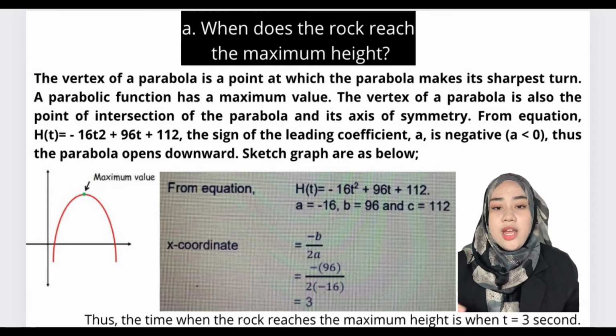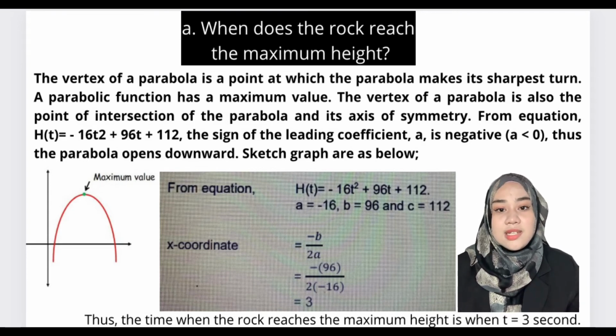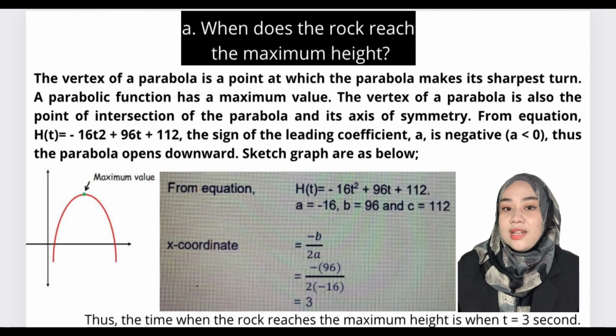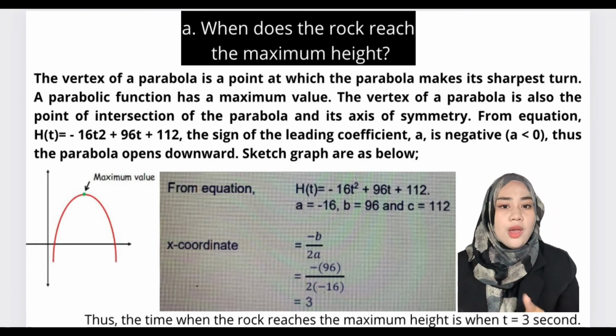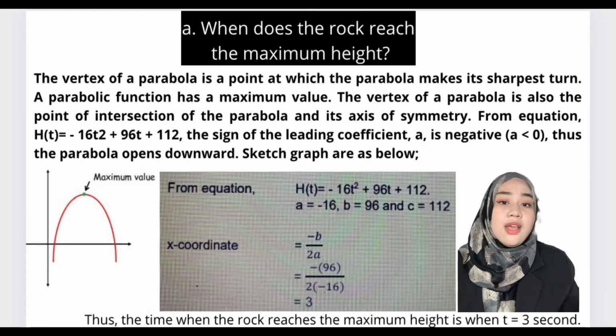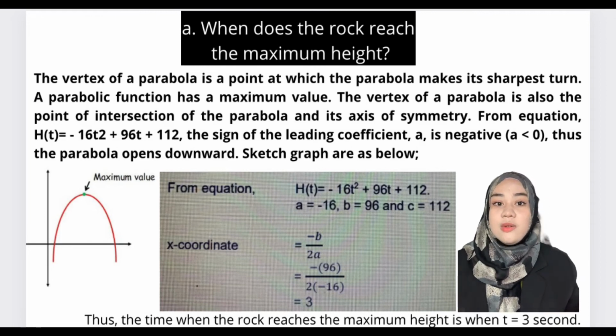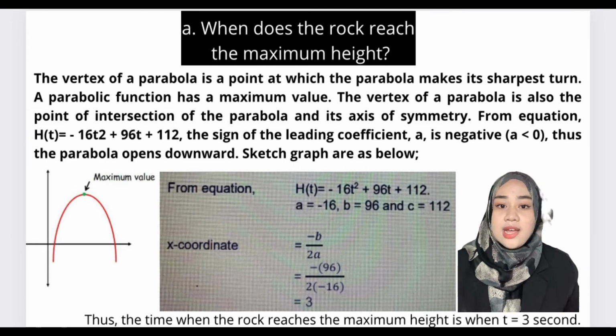From the equation h(t) = -16t² + 96t + 112, we must simplify it in the form of a, b, c, where a equals -16, b equals 96 and c equals 112. Now enter these values into the formula. Negative 96 divided by negative 32 equals 3. Thus, the time when the rock reaches the maximum height is when t equals 3 seconds.